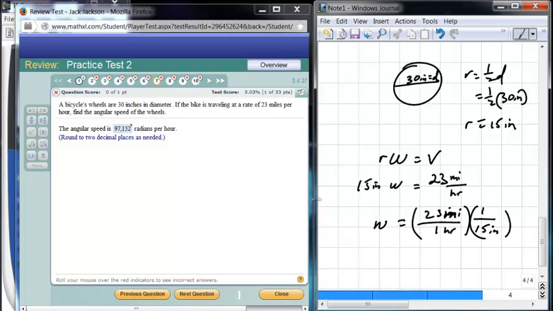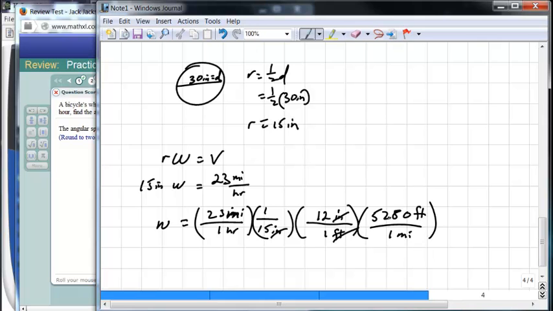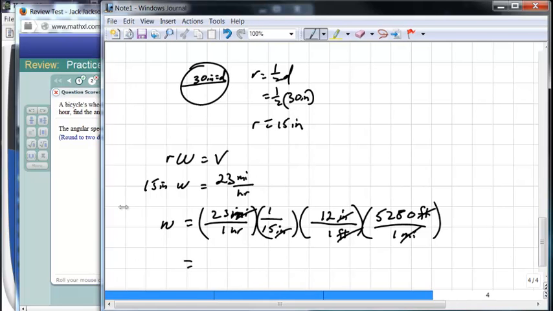Now, we need it just to be per hour, which is essentially radians per hour. So we need the distance units to cancel out. So we do have to do a little unit conversion here. 12 inches is 1 foot, and so the inches would cancel out. And 5,280 feet is 1 mile. And when we do that, the feet and the miles cancel out, and we're just left with per hour. So this will be radians per hour, and that's what we want.